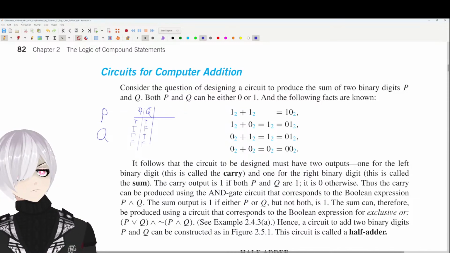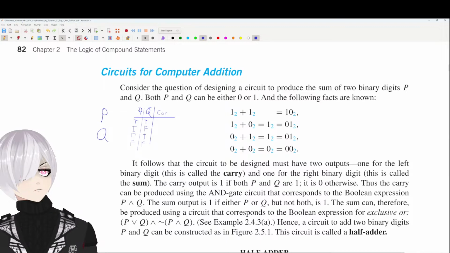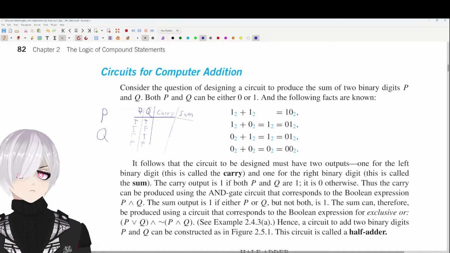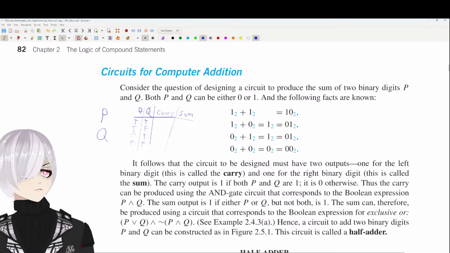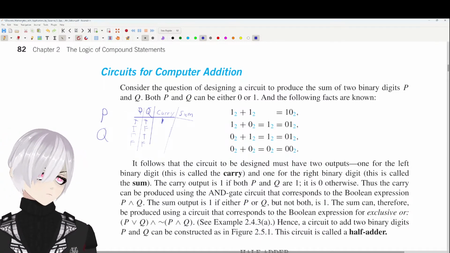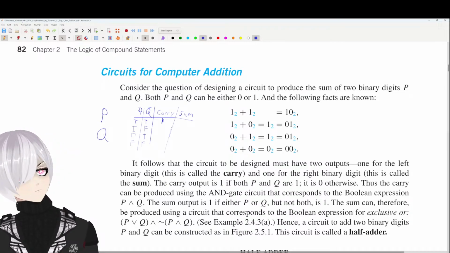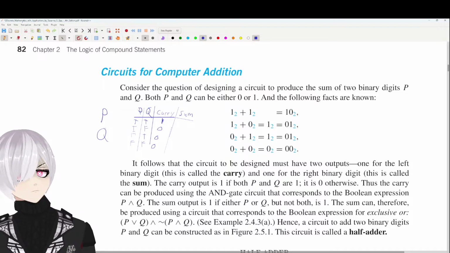There's a pattern that if you're adding two ones, that's the only case where you get a one as the leftmost digit when you add them together. So you input the P and the Q, and then you do one thing to them to get the left digit, the carry.